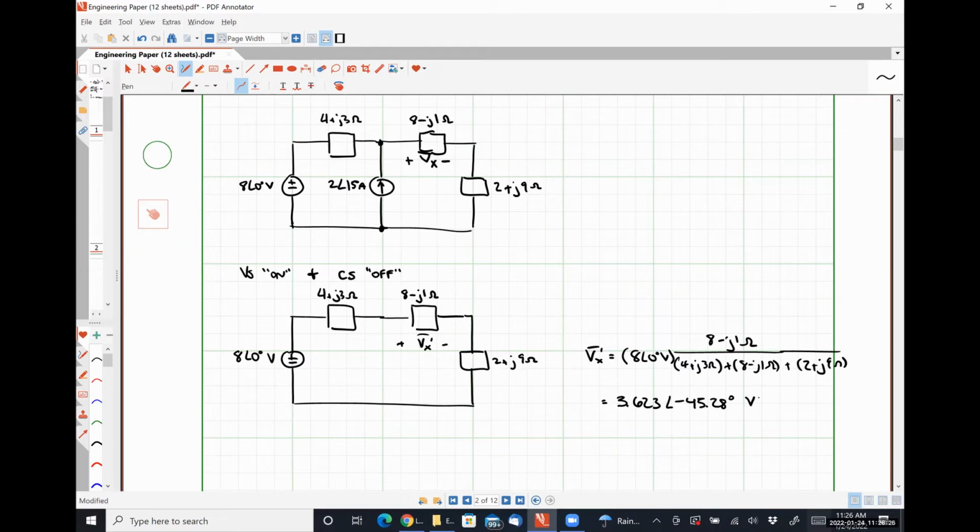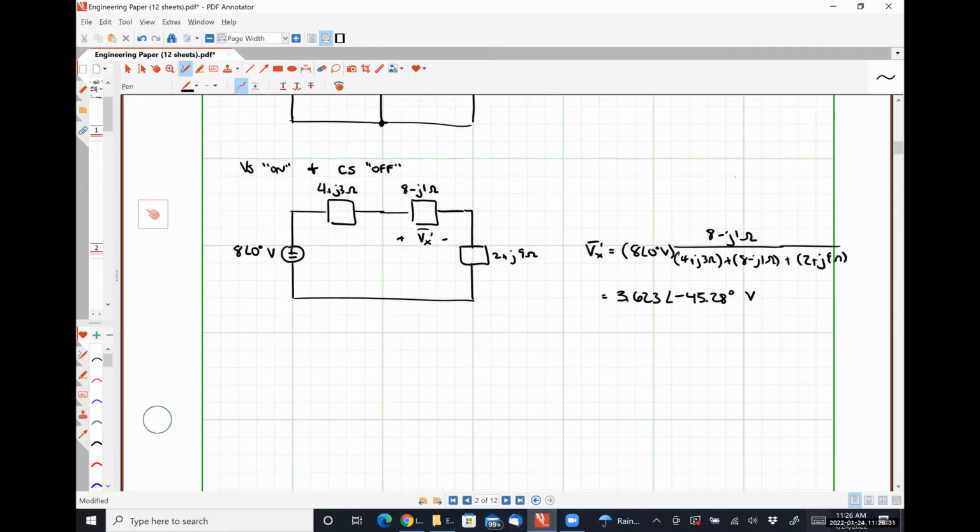Okay. So we now rework the problem with the current source on.